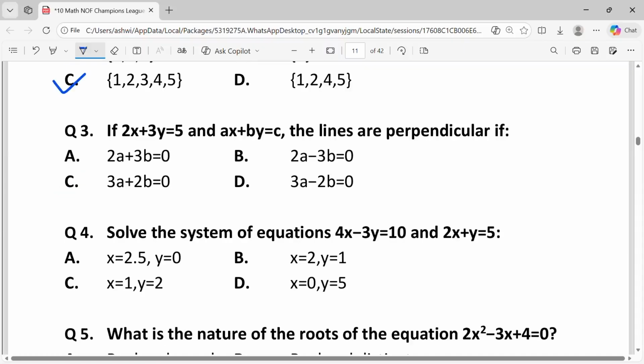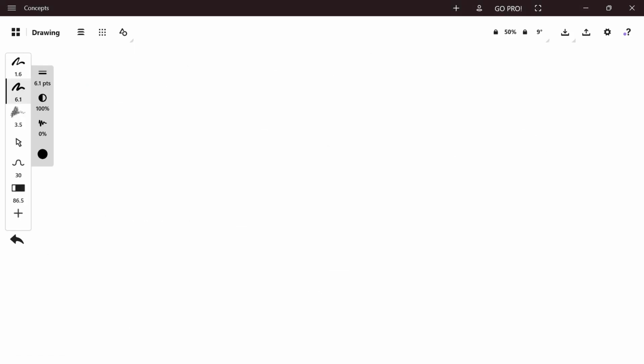Question 3. If 2x + 3y = 5 and ax + by = c, the lines are perpendicular if... Rewriting both equations in slope-intercept form, that is y = mx + b. For the first line, we have y = -2/3 x + 5/3.